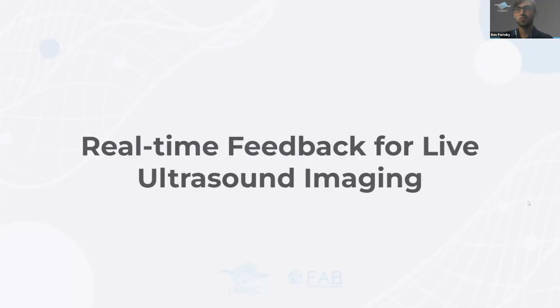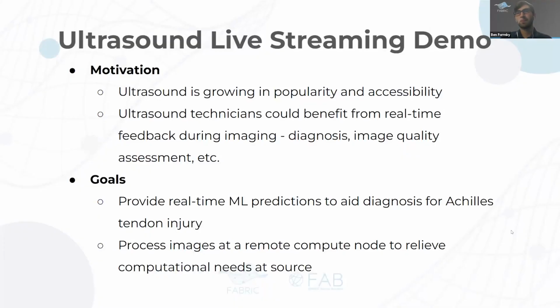And so now I will walk through the experiment that we've been working on at Clemson, where we're looking at real-time feedback for live ultrasound imaging. And so for this demo, the quick motivation is that ultrasound, again, is growing in popularity and accessibility, and ultrasound technicians could benefit from real-time feedback during their imaging.